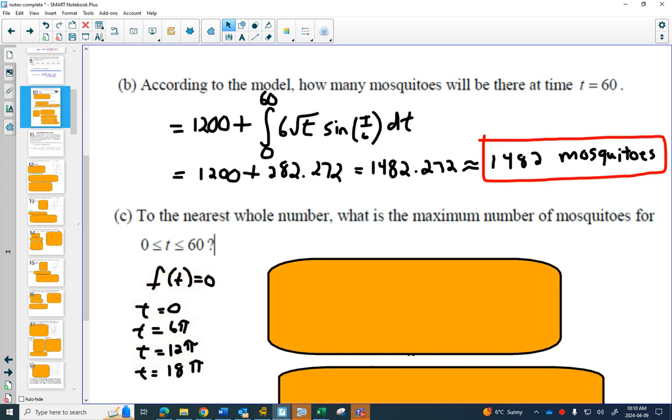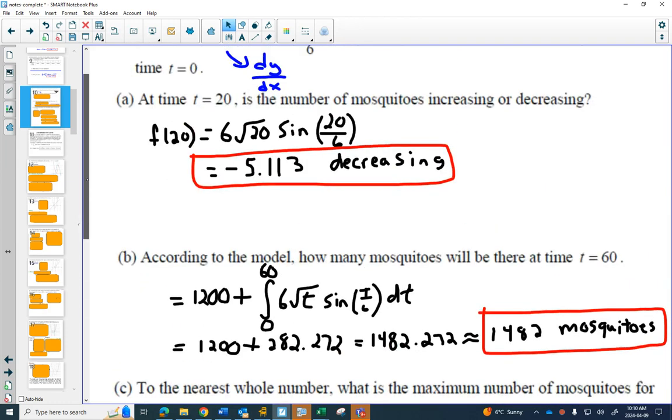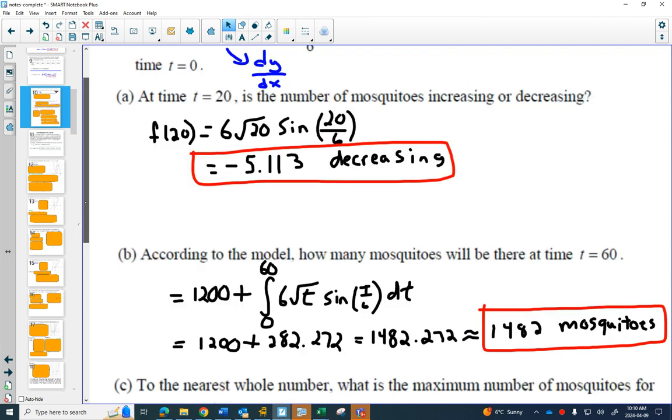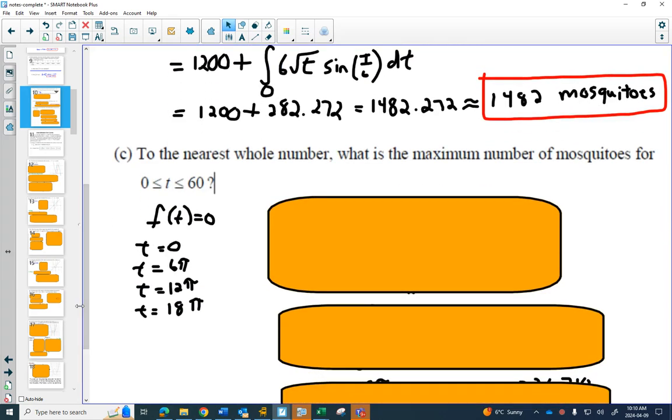If we set the rate of change equal to 0, it's obviously equal to 0 at 0. And then you have to think, where is sine equal to 0? At multiples of pi.